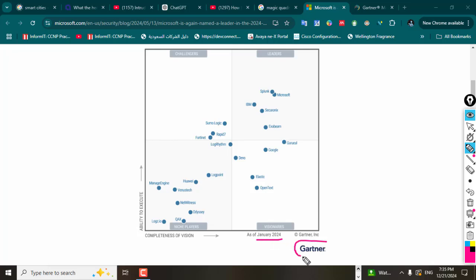If you don't know what Gartner is, it's a research and methodology company that provides a graphical representation of the market competitive positions of vendors in specific technologies. Let's say if you're looking for next generation firewall, you can search for the Gartner Magic Quadrant for next generation firewall. But here, I already searched for the SIEM Magic Quadrant for Gartner 2024 to show this result.